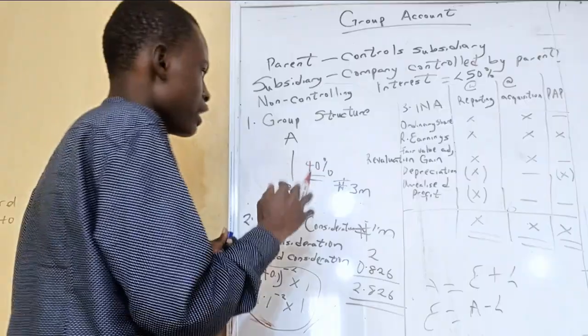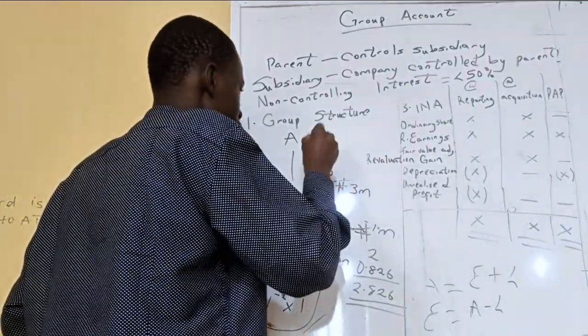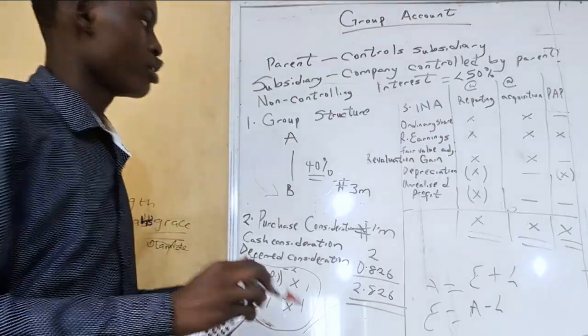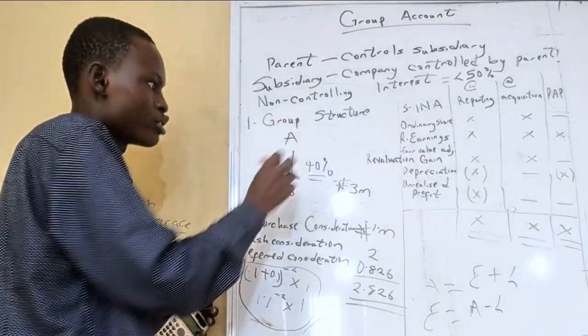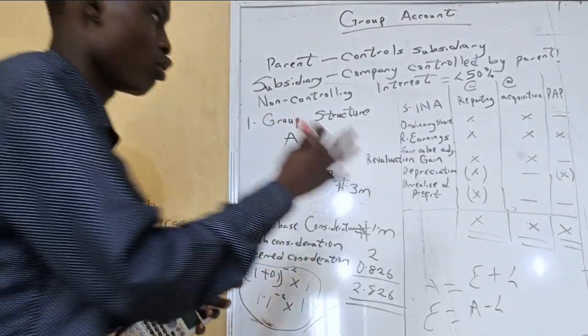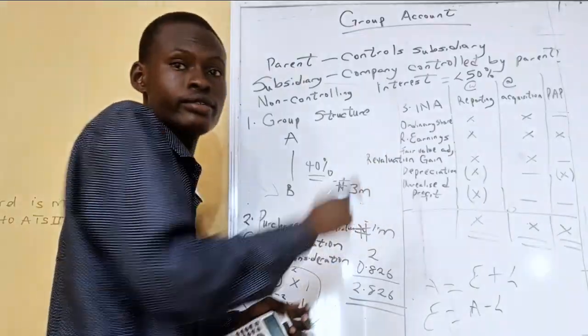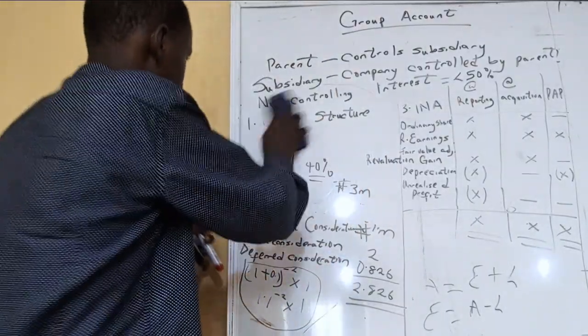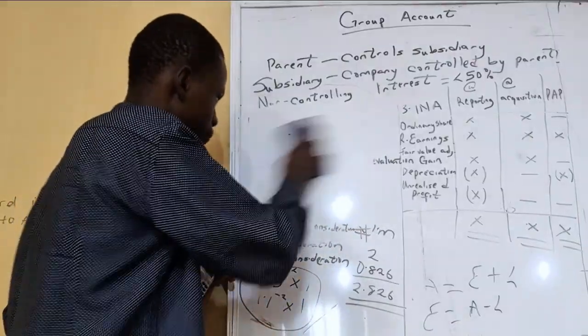But if the subsidiary is the one selling to the parent, we'll be having it under the INA, like I did here. So if it is the subsidiary selling to the parent, we'll be having our unrealized profits under the INA.